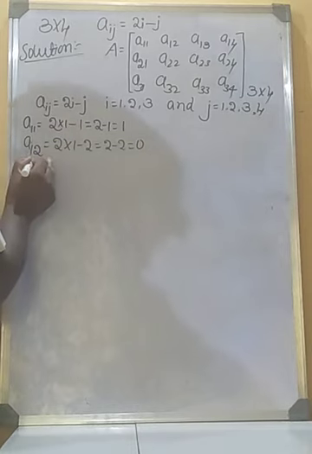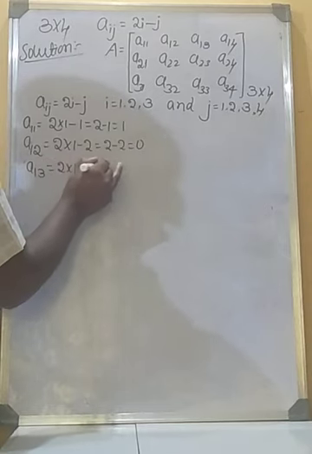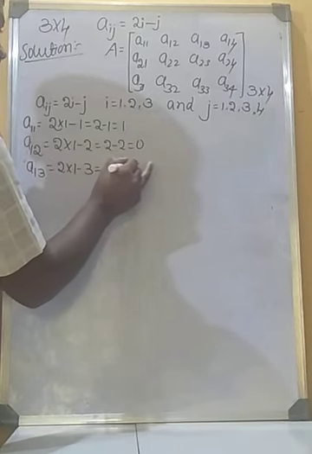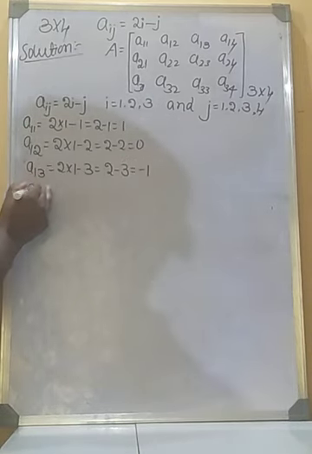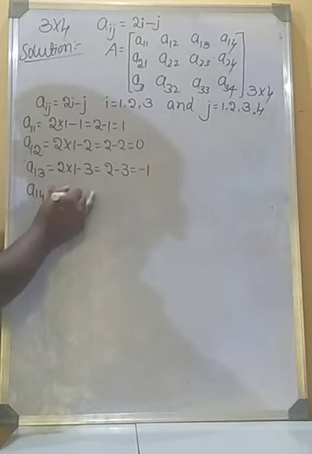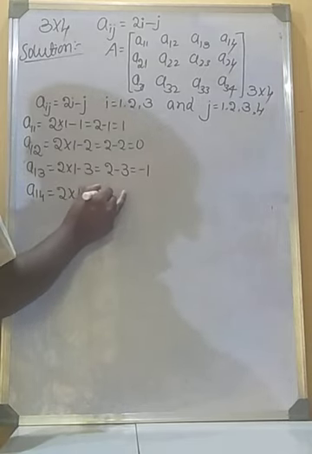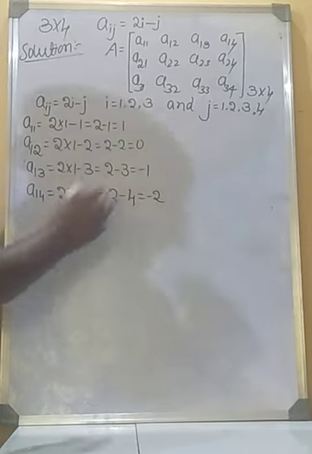The next, A13 is equal to 2 into 1 minus 3 is equal to 2 minus 3 is equal to minus 1. The next, A14 is equal to 2 into 1 minus 4, 2 minus 4 is equal to minus 2.